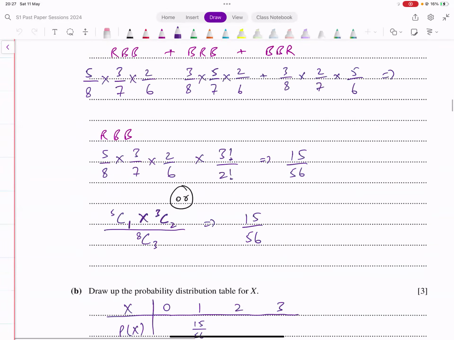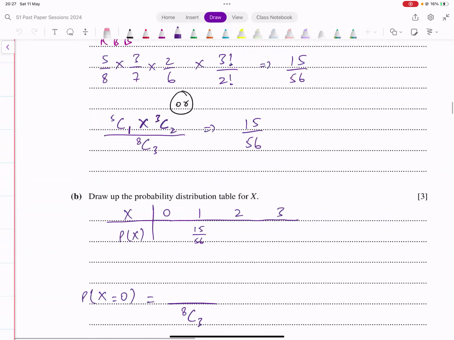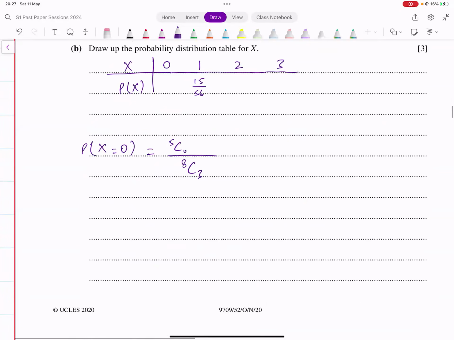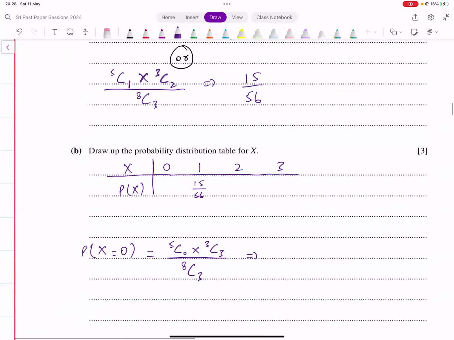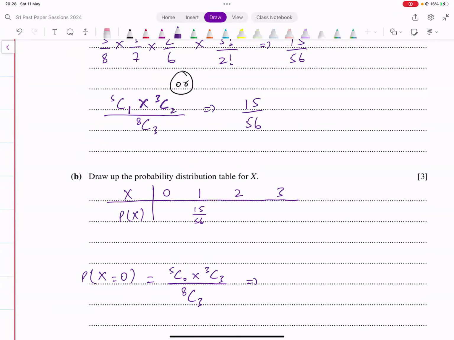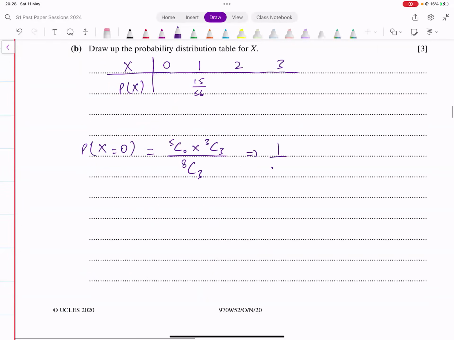Out of 5 red balls, you select 0, 5C0. Out of 3 blue balls, you select all 3. And that will give you this first probability. That's 1 into 1 divided by 8C3. What was 8C3? 8C3 was 56 here. This is 1/56.